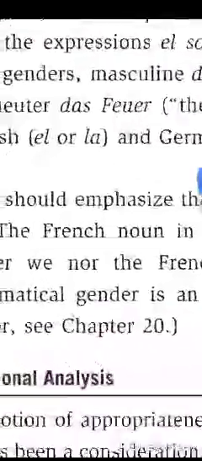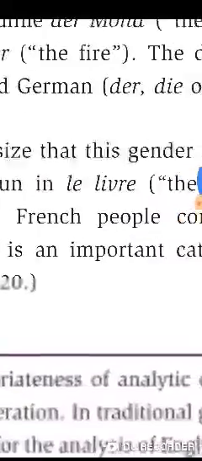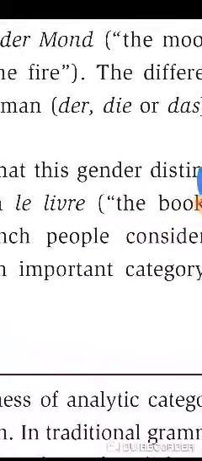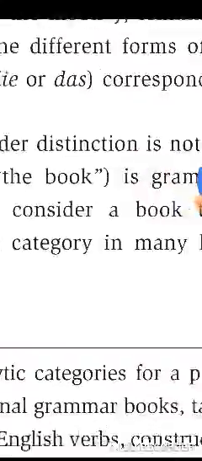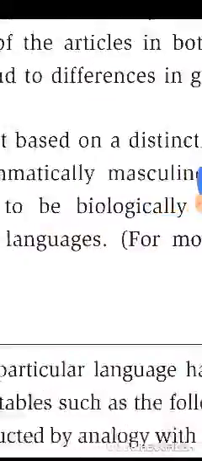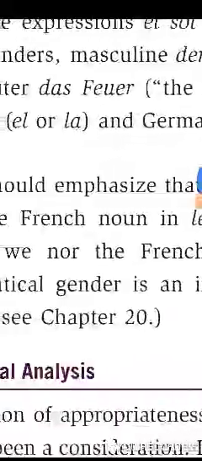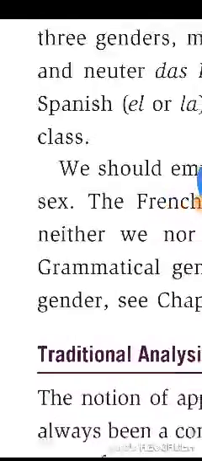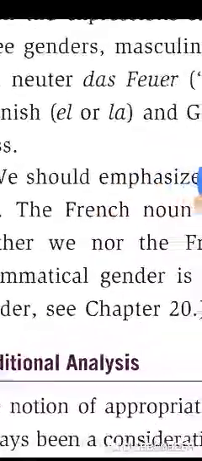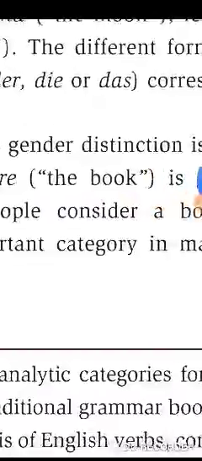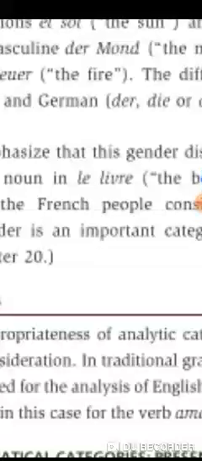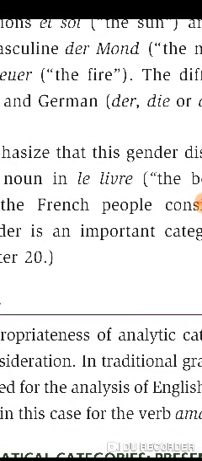Another language is French that you have to talk about. Le livre, which means the book, is grammatically masculine. Remember, the book itself doesn't want to say le livre is masculine; the grammar says it is masculine.